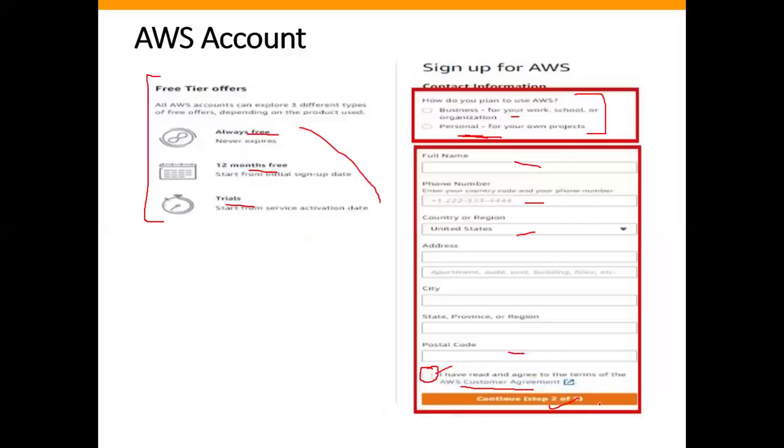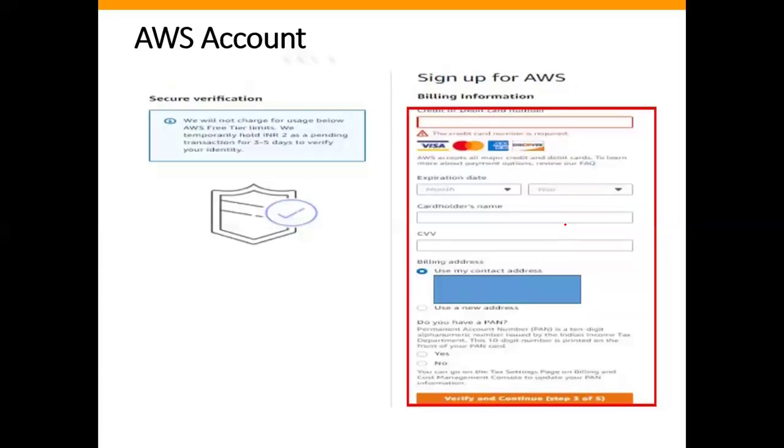Once you click continue on step 2, you will move to this particular page, and here you need to enter your card details. You can enter a debit card or credit card: your card number, expiry date, card holder name, and CVV.